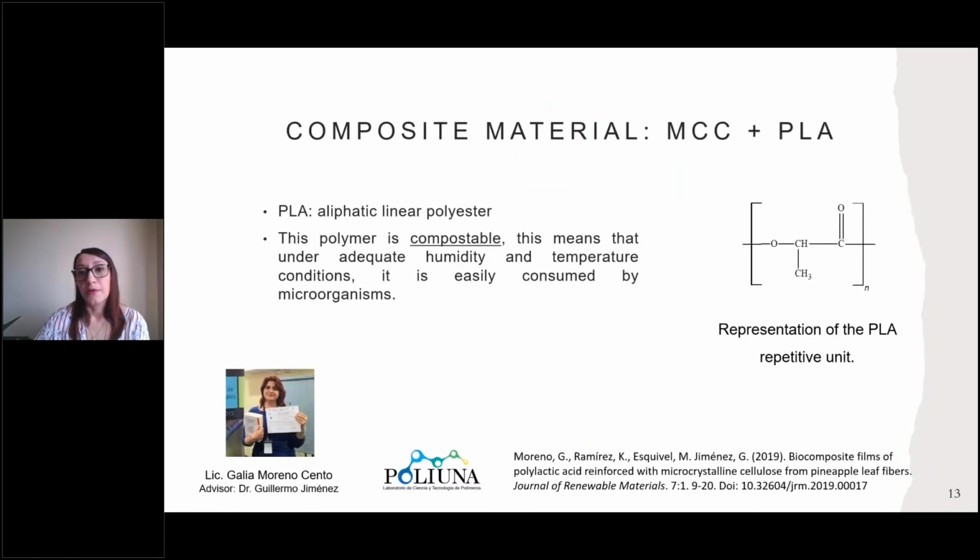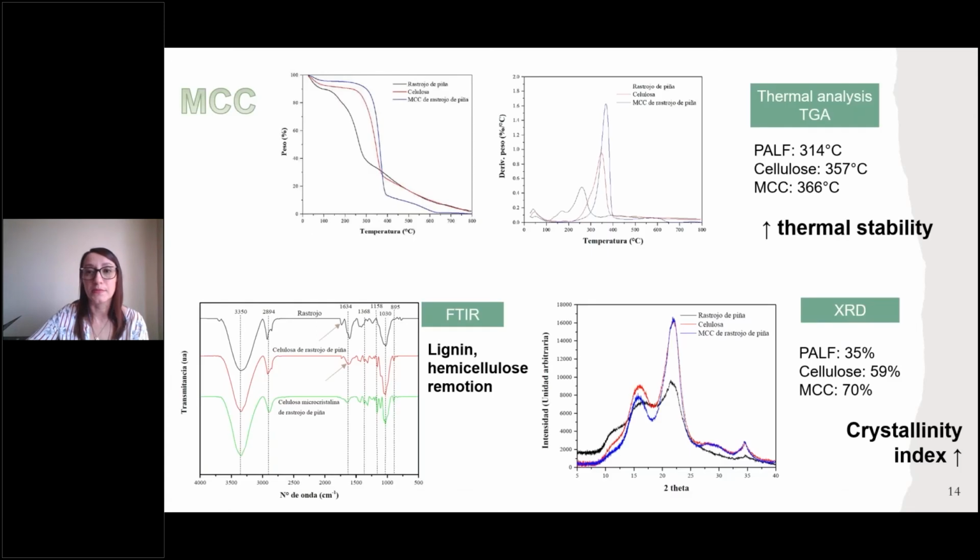We have been preparing microcellulose and PLA composite materials. PLA is a well-known polymer. It's an aliphatic linear polyester, and it is compostable under certain conditions of humidity and temperature, and can be easily consumed by microorganisms.